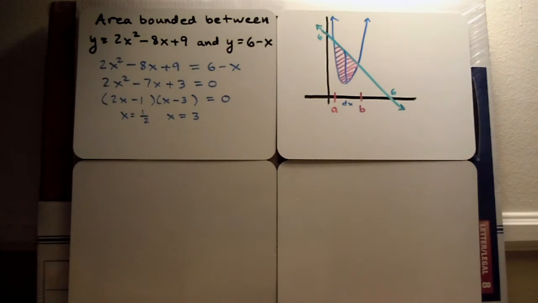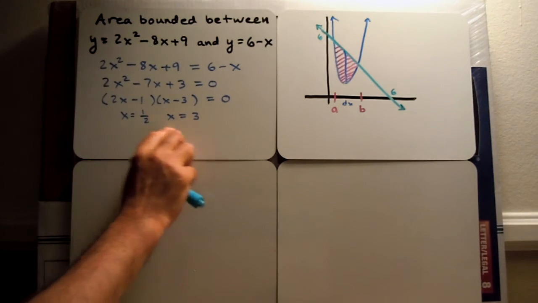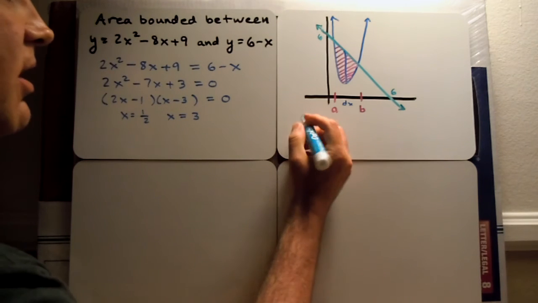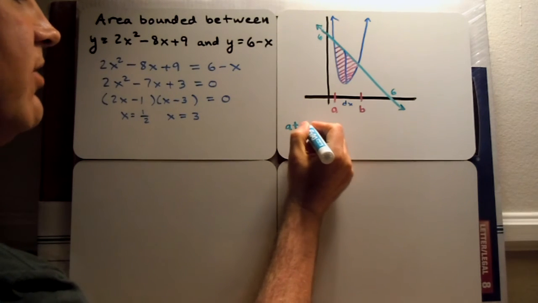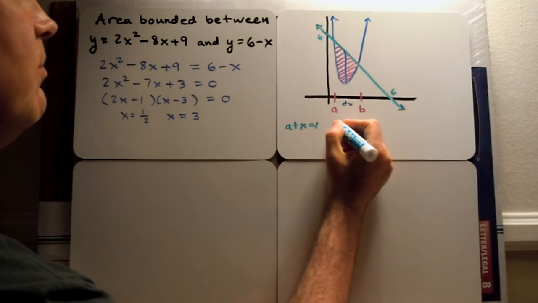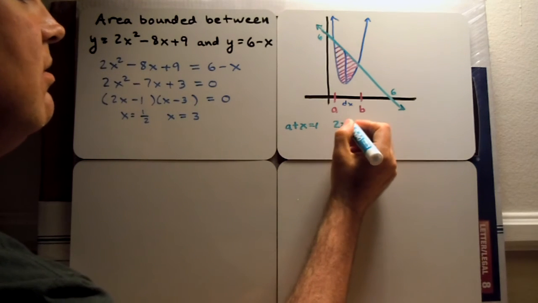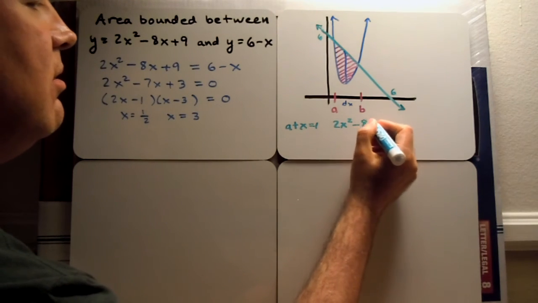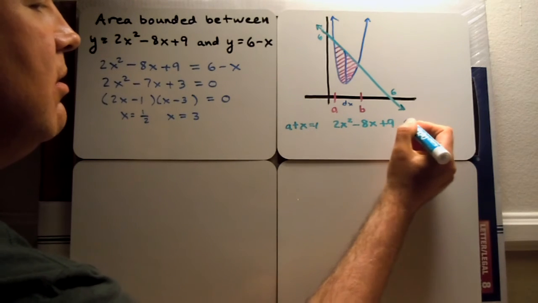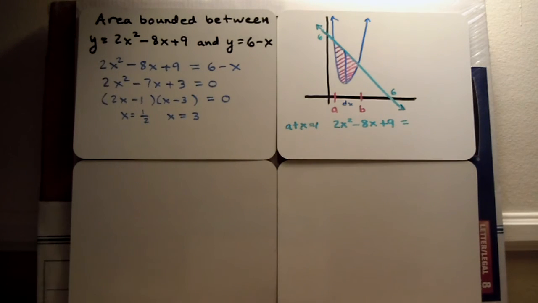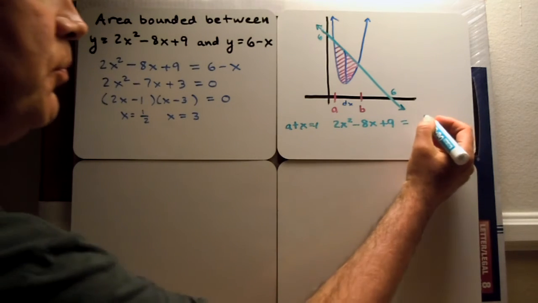But if you don't see that right off, or you don't actually have a picture of the graph, you can always check that by picking a value that's clearly within the limits of integration. So for instance, at x equals 1, just to pick a simple value, substituting 1 into the parabola, it looks like we're going to get 3.